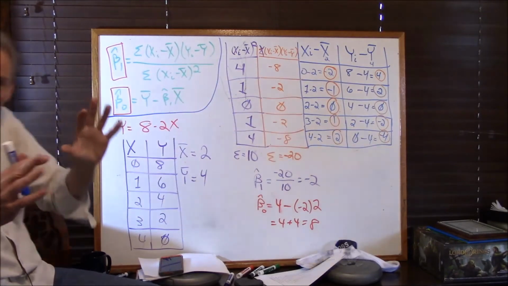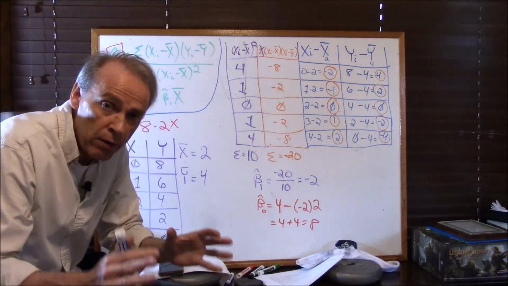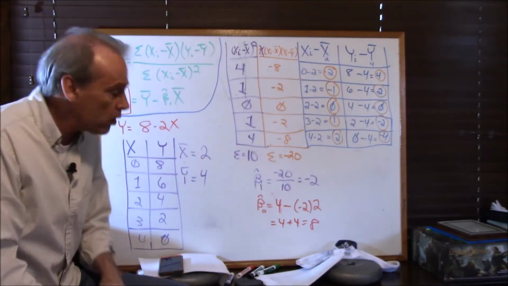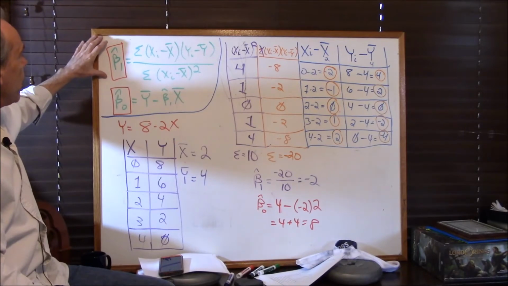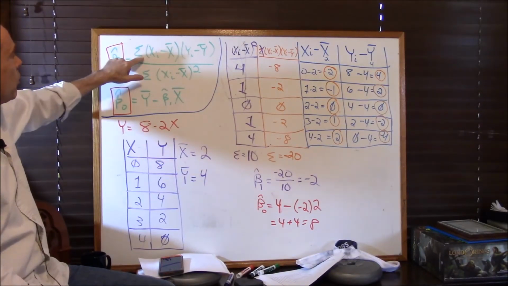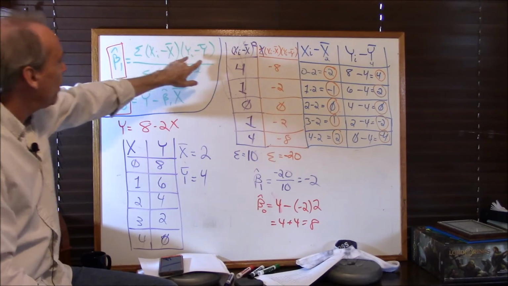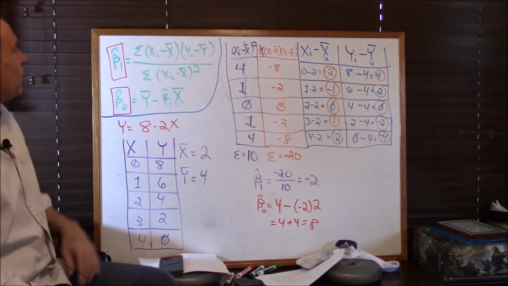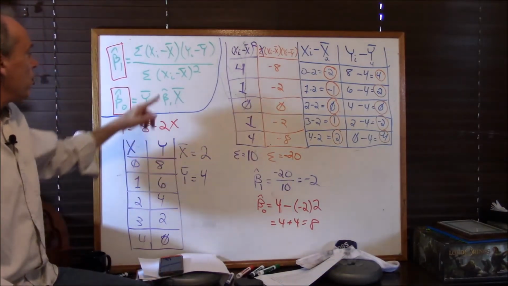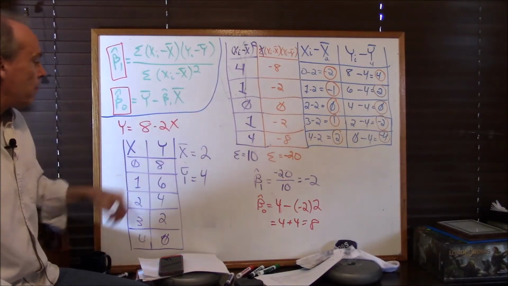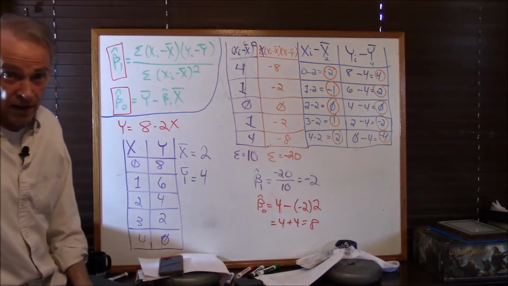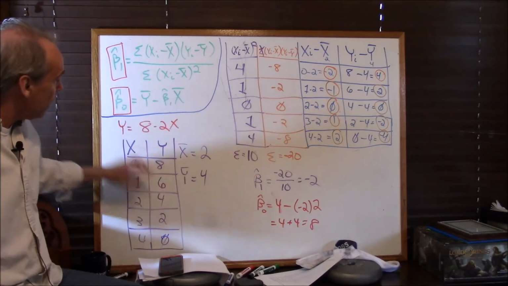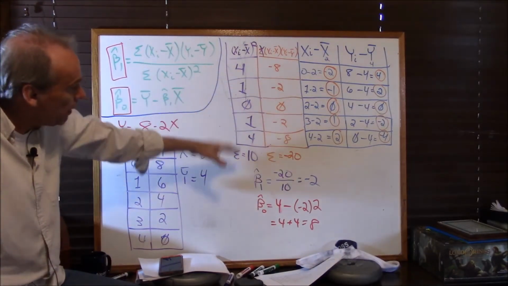In order to minimize the sum of the squared residuals, if you want to go straight to the answer and not experiment, what you end up discovering is that the slope coefficient will be the sum of x sub i minus x bar times y sub i minus y bar over the sum of all the x sub i minus x bar squared. And then once you know that, you can plug it back into the averages and figure out what beta hat sub 0 is. We just did that, all right? We started knowing what the answer should be, created data from this, and then went through the calculation, and it works, all right?